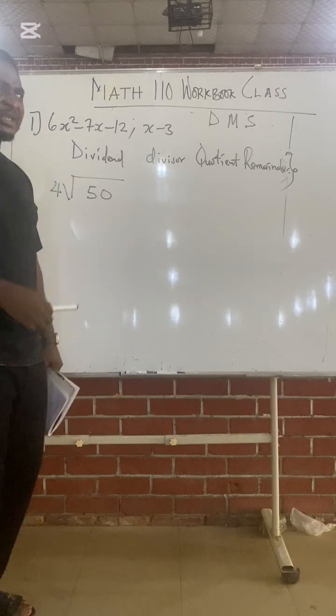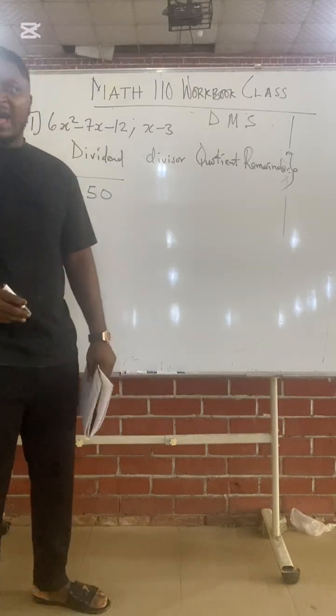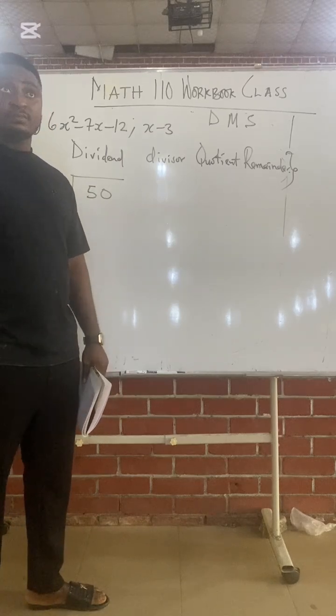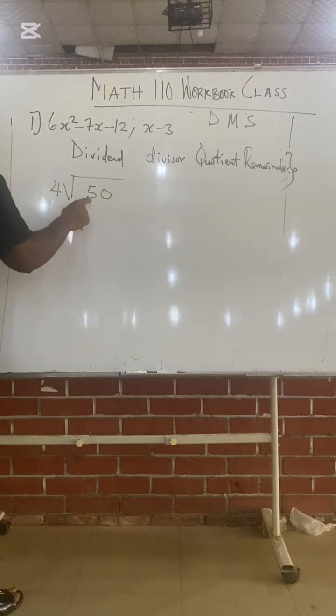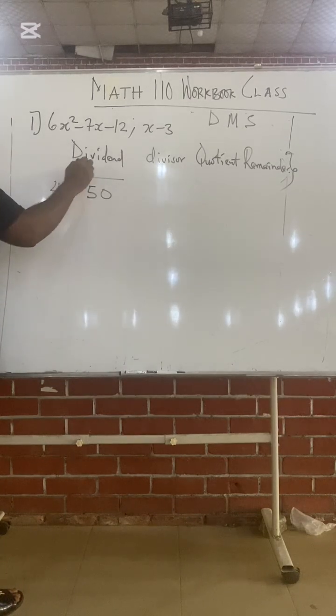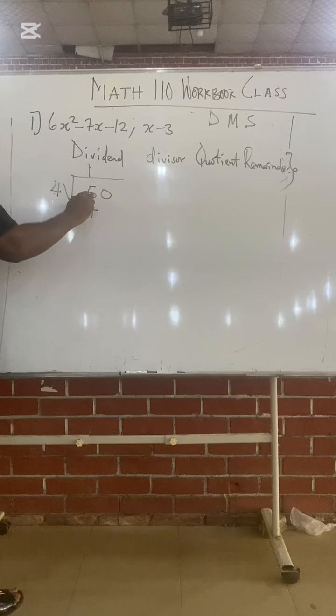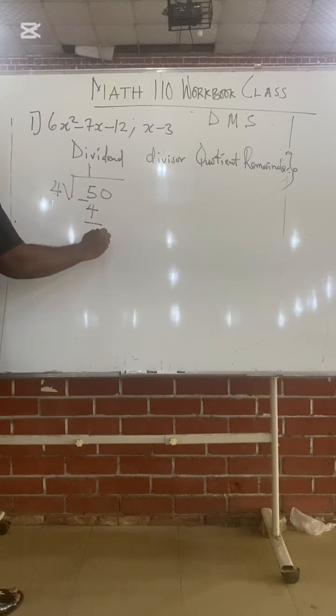Divide, multiply, subtract. Watch. 50 divided by 4. 5 divided by 4, you say 1. You just divided, right? Multiply 4 times 1, 4. Subtract 5 minus 4, 1. Then you now bring down the 0.